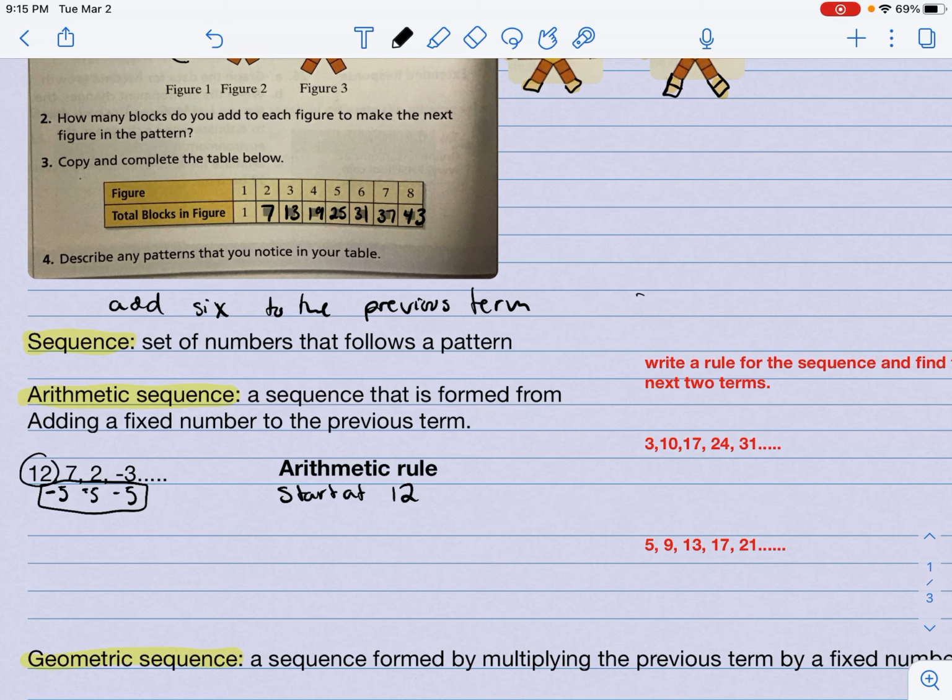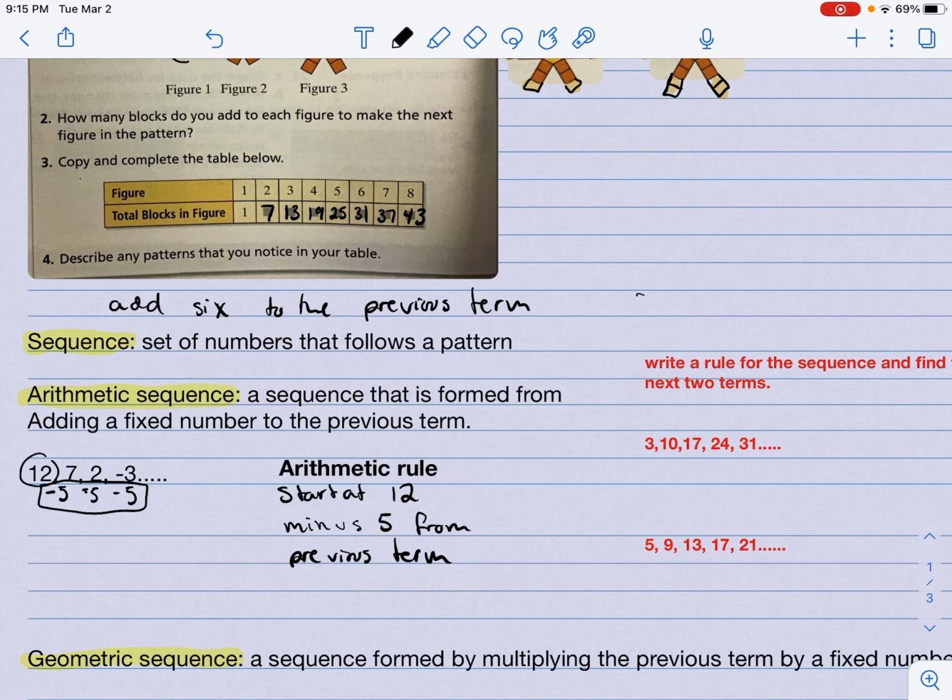You could write it either way. You could also say you added a negative 5 to the previous term. So either one is going to work. Okay, so start at 12, minus 5 from previous term.